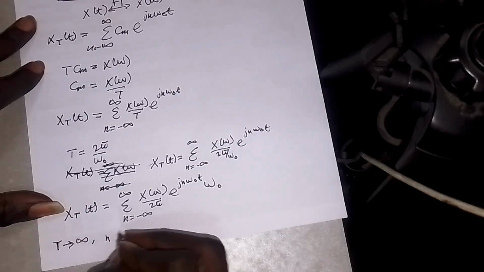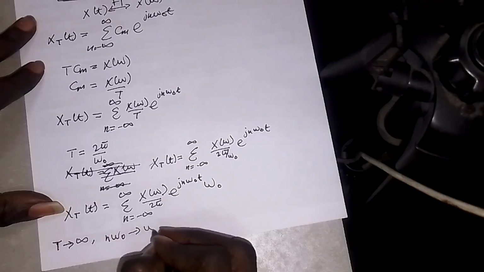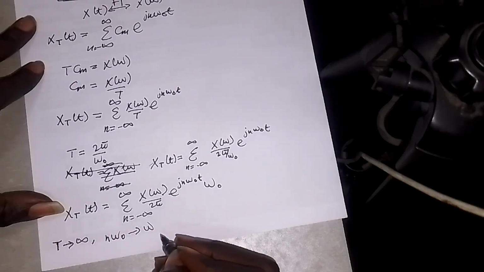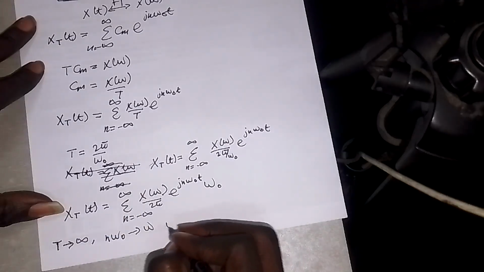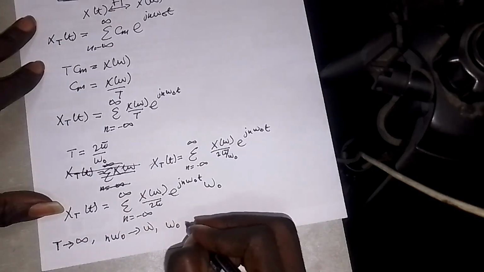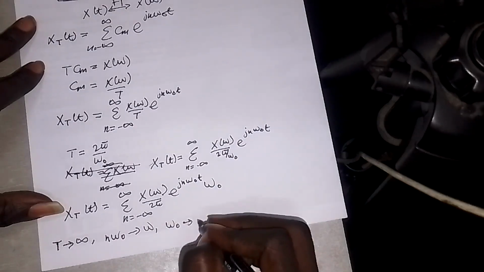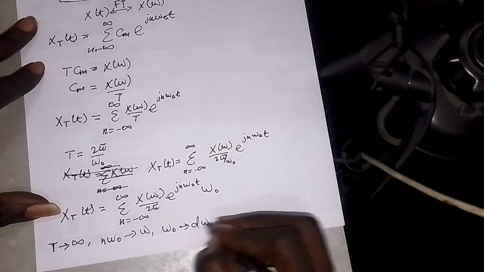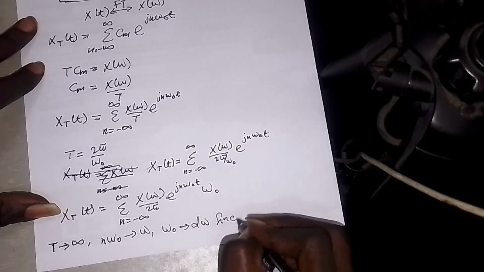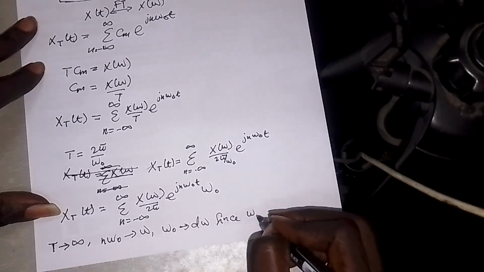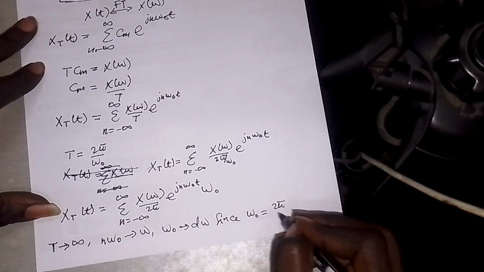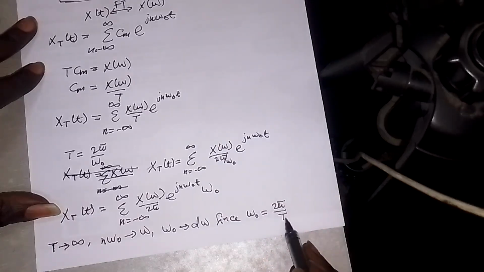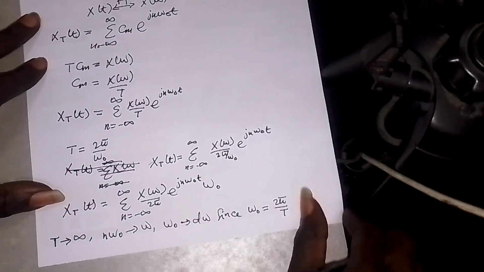If T is approaching infinity, then n omega naught is going to approach omega, and omega naught is going to approach d omega, since omega naught is equal to 2 pi over T. So as T approaches infinity, omega naught approaches d omega.